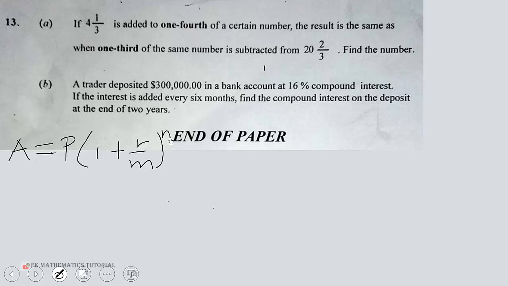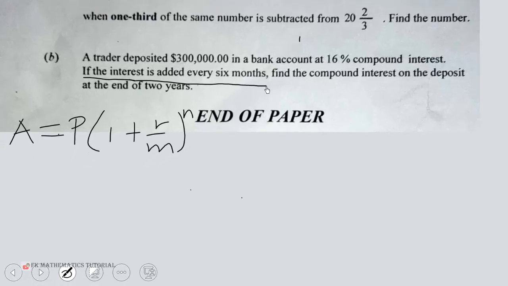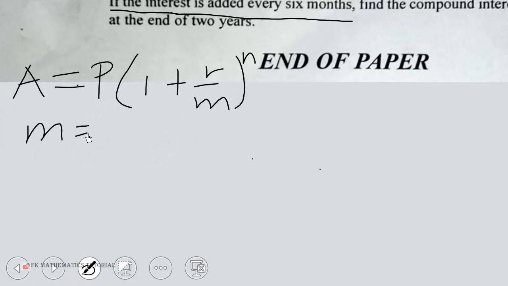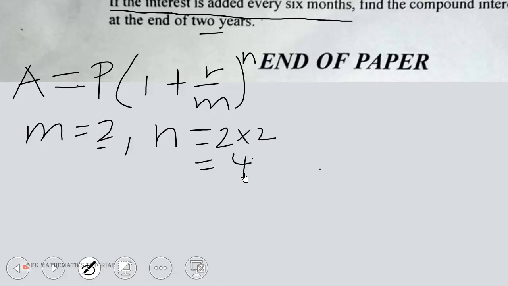If the interest is added every 6 months, in a year how many times are we going to add the interest? Yes, 2 times. So M is equal to 2, N is 2 times 2, which gives us 4. R is 16%, so 0.16. Then our P is also given in the question.